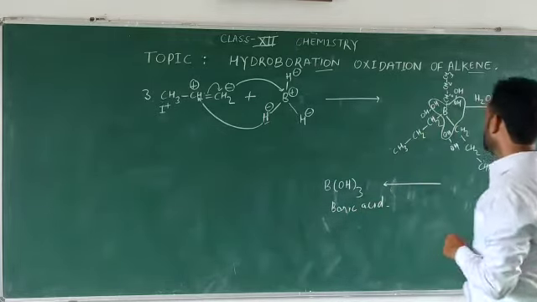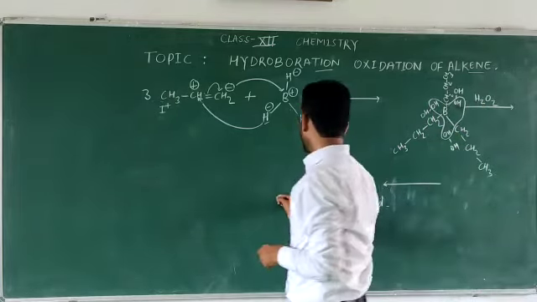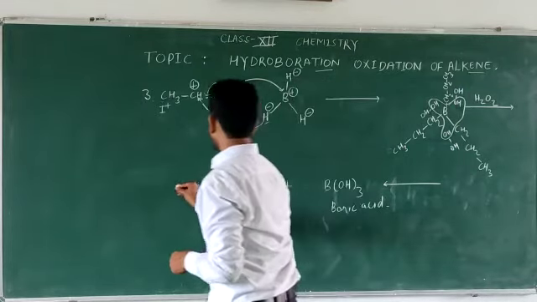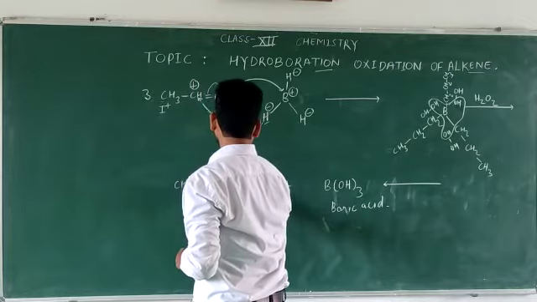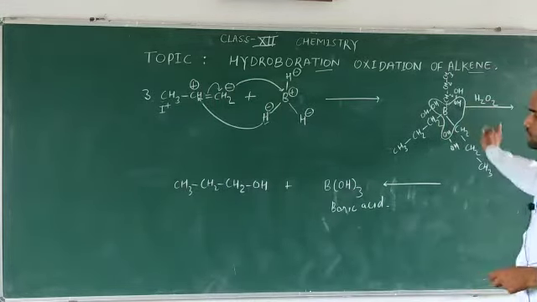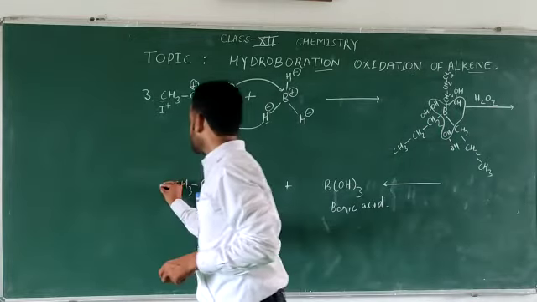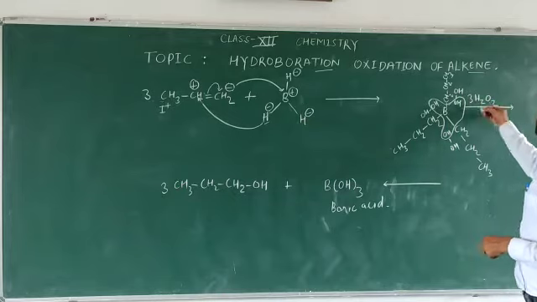This is boric acid, and this OH will combine with this CH2, and then we can get the product CH3 CH2 OH, and because three molecules are here, it would be 3, and we are using 3 H2O2 here as well.